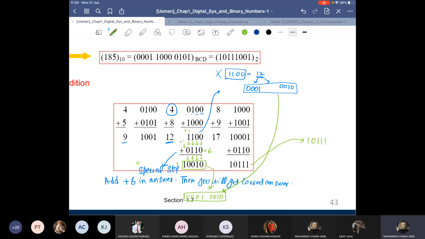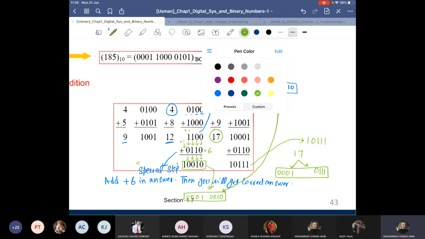Because the addition is 17. So 17 in BCD is 7, 0 1 1 1, and 1, which is 1 0 0 0.